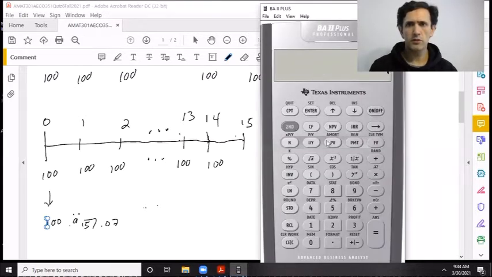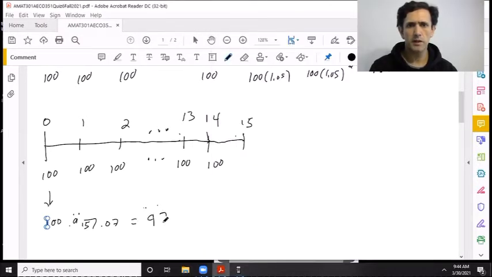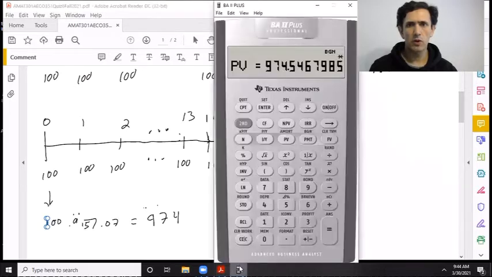So 100, whoops, that is over here. 100 negative payment, 15 N, 7 interest. Compute the present value. So this is going to be 9.74 and 55 cents.